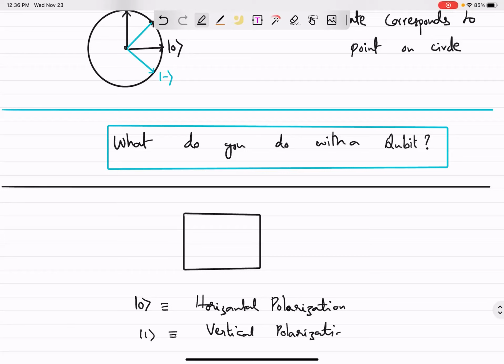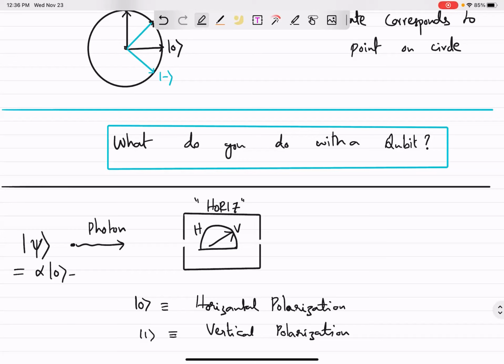Now you have these measuring devices, which are denoted something like this. And let's call them this. And suppose I put a tiny hole here and here. If I send a photon in, the state of a photon is usually denoted with this Greek letter psi. And that's just some alpha times 0 plus beta times 1. Right? We said the state is just these two vectors.